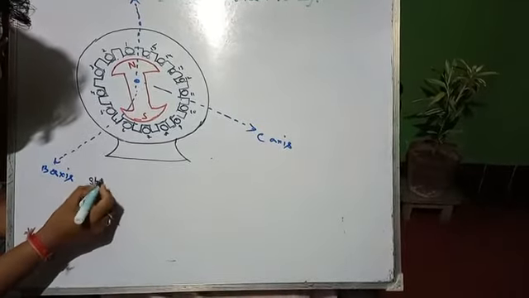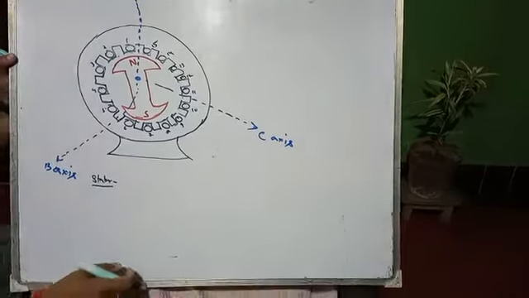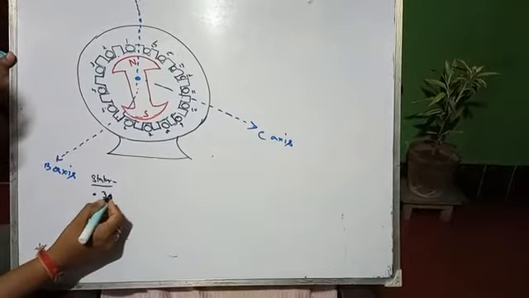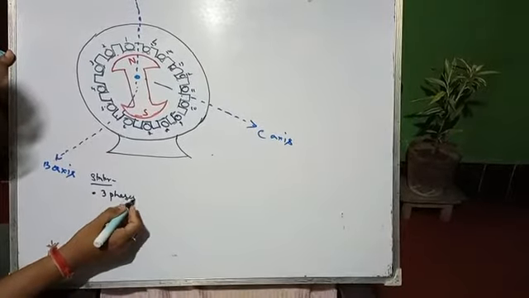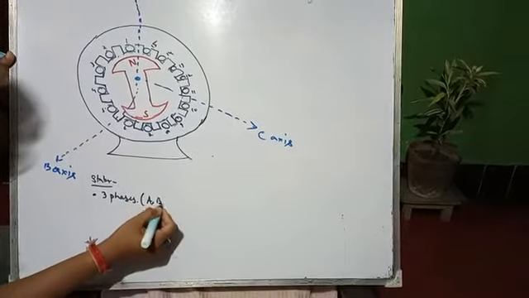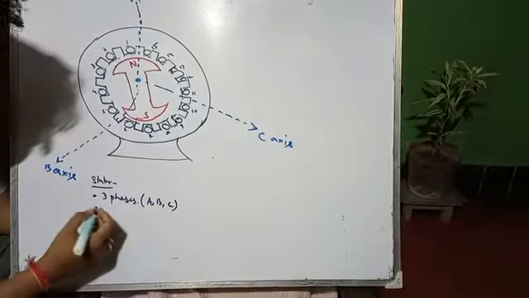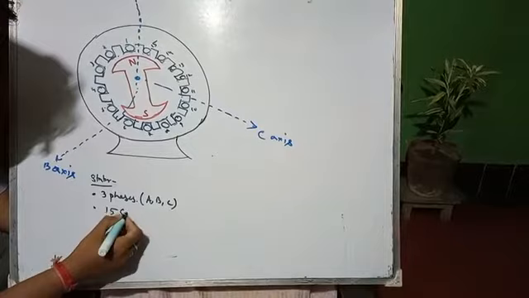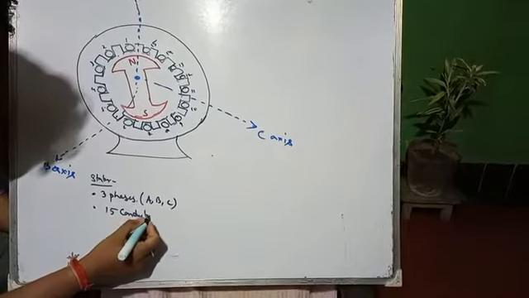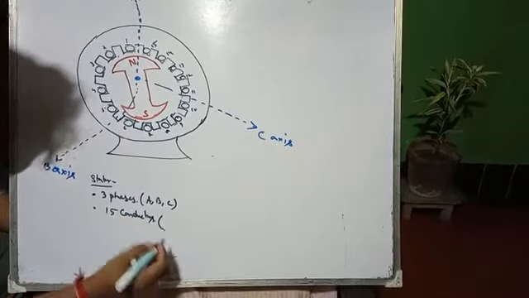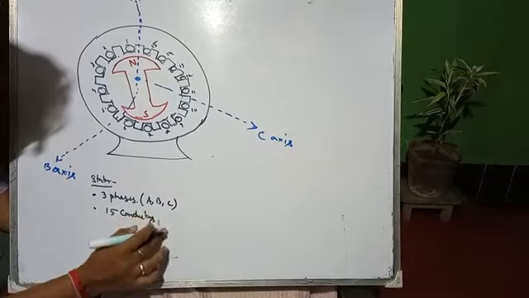First, the stator. What is the information about the stator? Three phases, A, B, C, and 15 conductors, numbered 1 to 15.